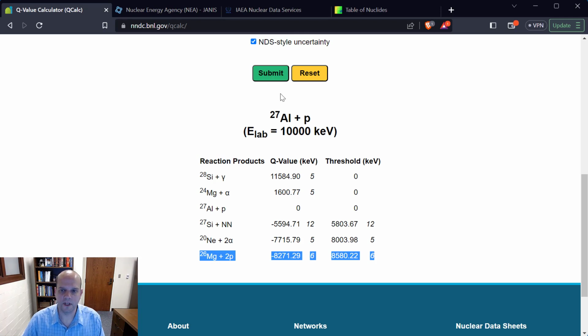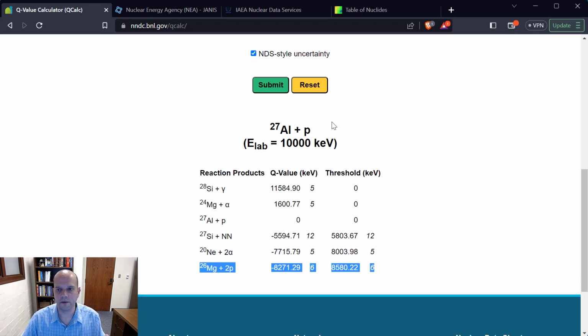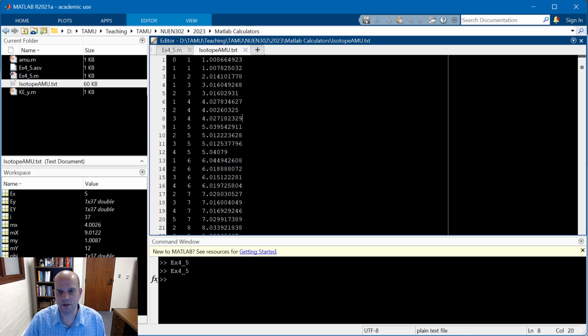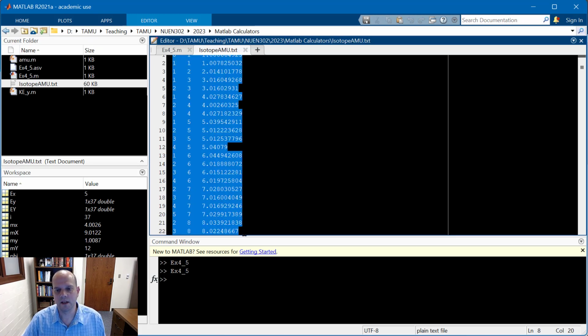Okay, and so there's calculators available to you, and you don't need to feel guilty for using them. You're welcome to use them on the homework unless I specify use the mass, then look up the AMU. But I will say that again, it is in your best interest to take this data file and start building in at least a lookup function so that you can then create other code to make use of that lookup function.